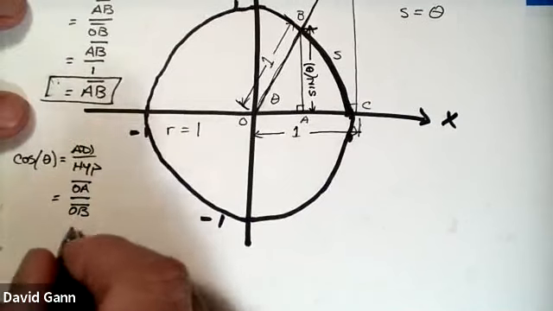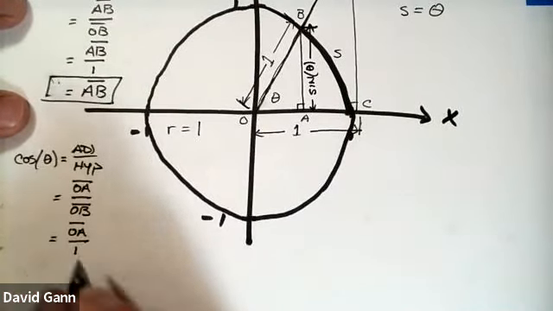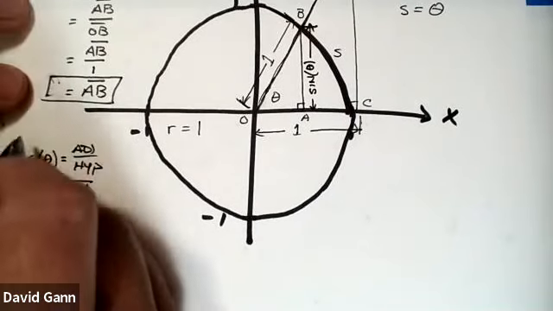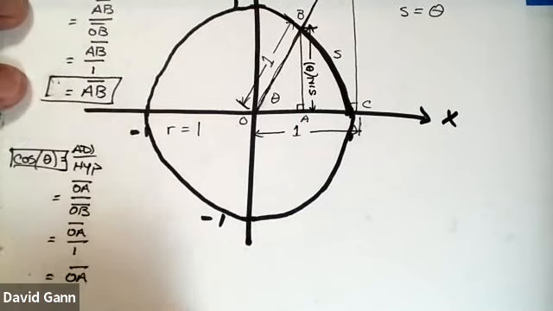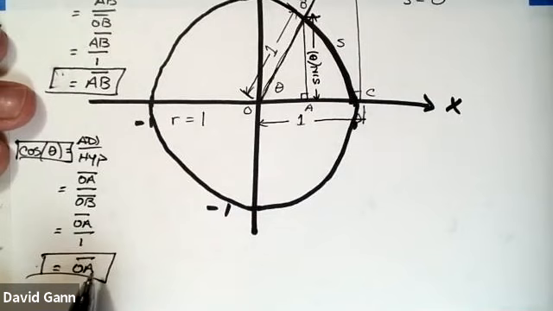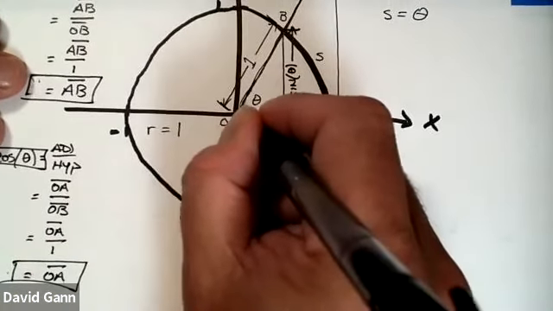And again, OB is equal to 1. So this is just simply OA over 1, which equals OA. So cosine of theta is equal to the length of the line segment OA, which means we can just put that in here.